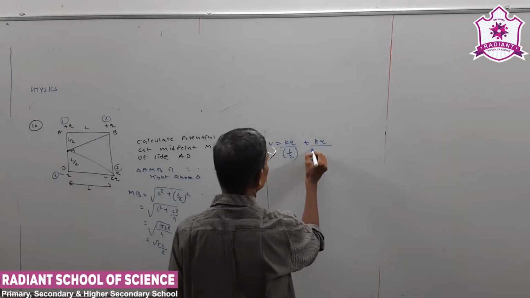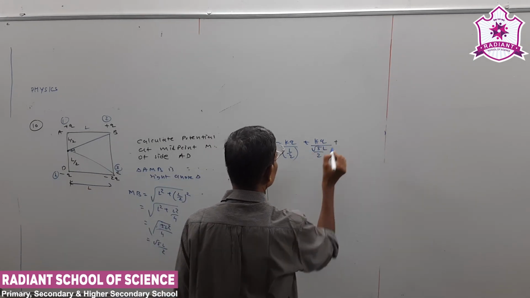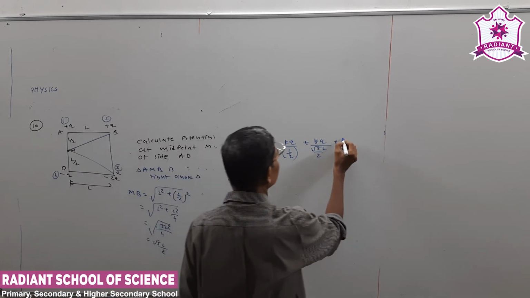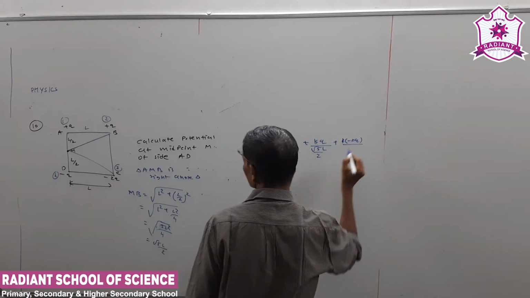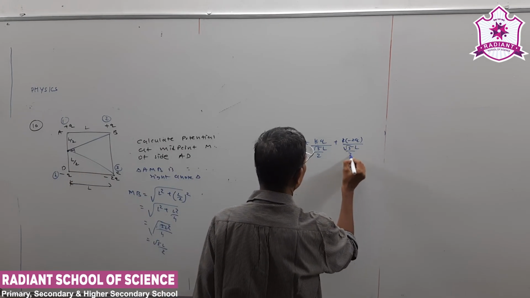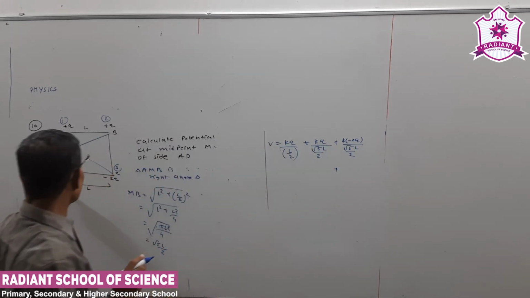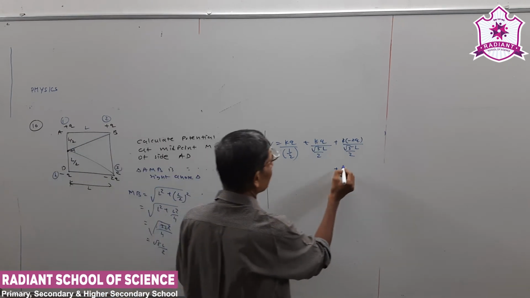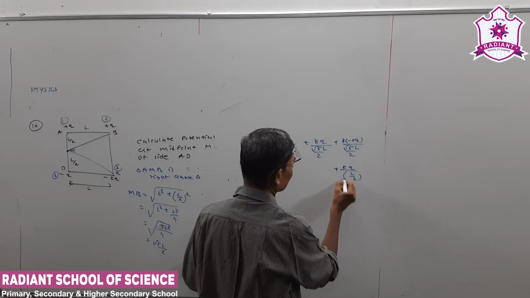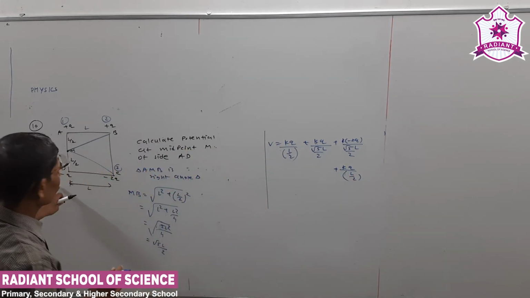Root 5 L by 2, plus here k into minus Q. See what is the distance? Root 5 L by 2, and here this minus Q, kQ into L by 2. Okay, now this is minus Q.